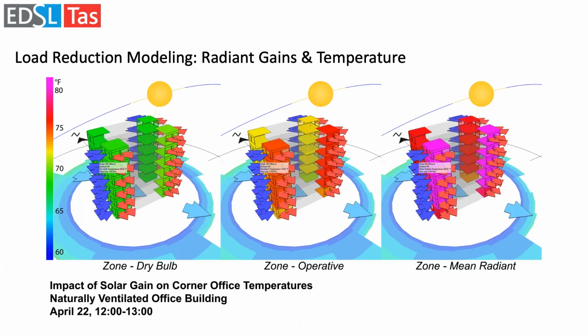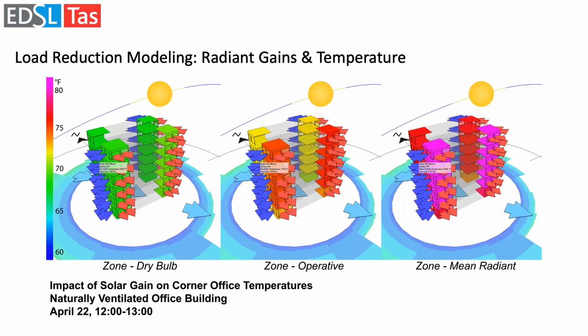So this type of analysis can be performed, again, at a simple level of detail, building up to more levels of detail in the same type of thing, where you're trying to look at load reduction. So here we're looking at a naturally ventilated building and the dry bulb temperature, which is the temperature in the air. The left graph shows that all the temperatures are very comfortable and all green, all good.